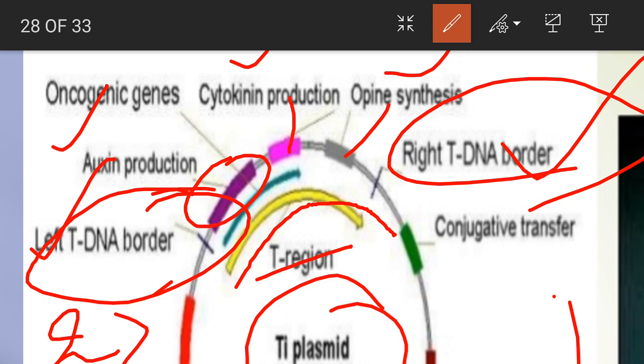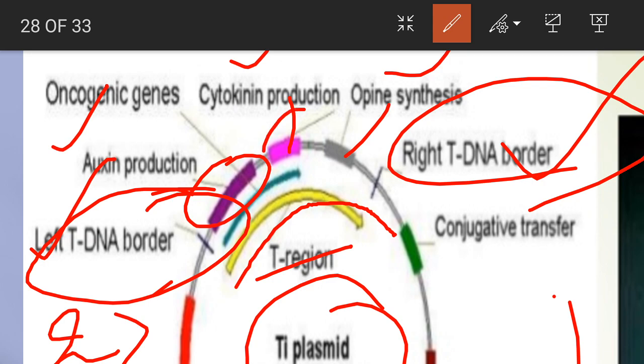So why is it called the auxin producing region? In this region mainly two genes are present, IAAM and IAAH. IAA stands for indole acetic acid, which is an auxin, and this auxin helps in cell division in plants, so that the number of cells increases and then the tumor is formed.